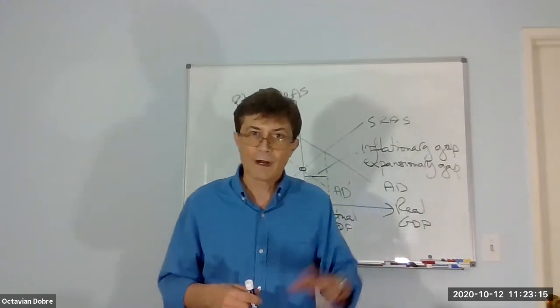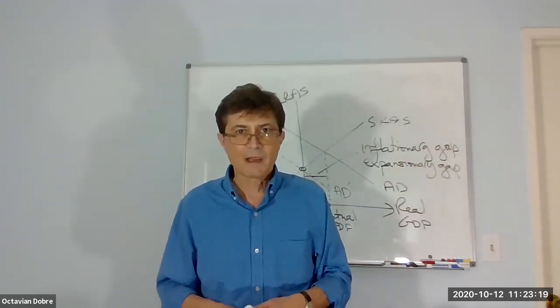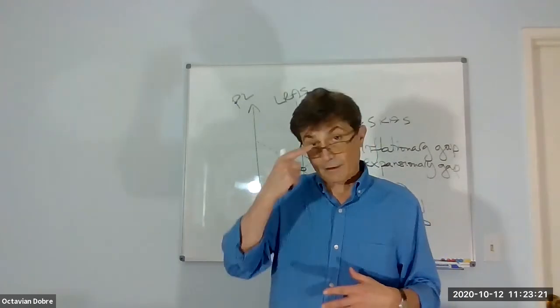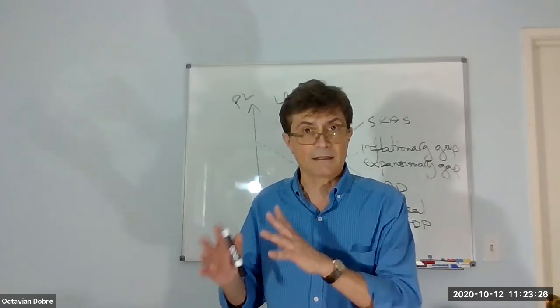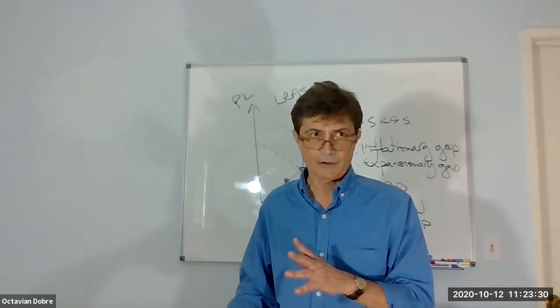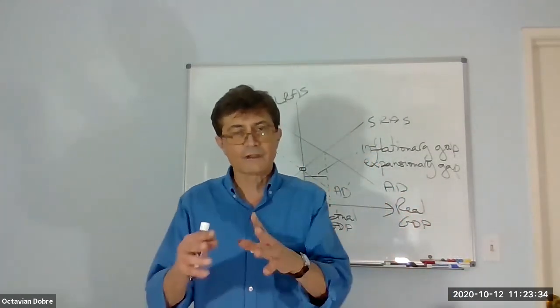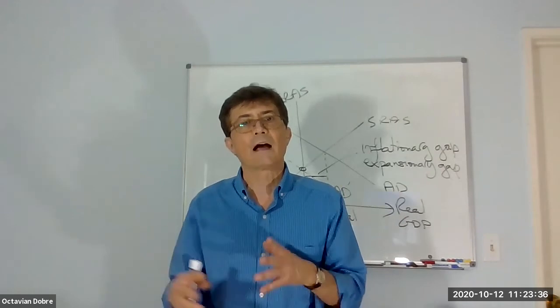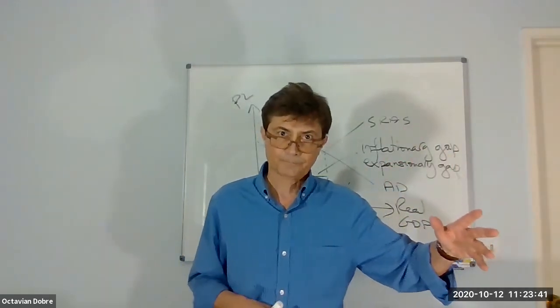And so we're not going to spend too much time with it. But basically, we're going to spend time with an economy that's in a recession. So the first example, where the economy is in a recession. And the tools, if the government wants to move the economy out of a recession, it has certain tools.